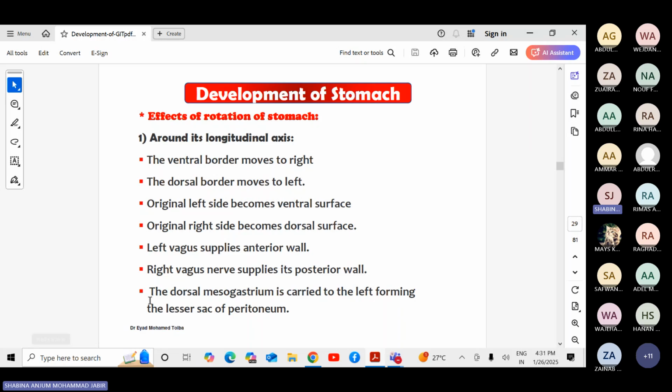After the rotation, the left vagus will supply the anterior wall and the right vagus will supply the posterior wall. And what will happen to the dorsal mesogastrium? It will form the lesser sac of the peritoneum. How? We will see now.